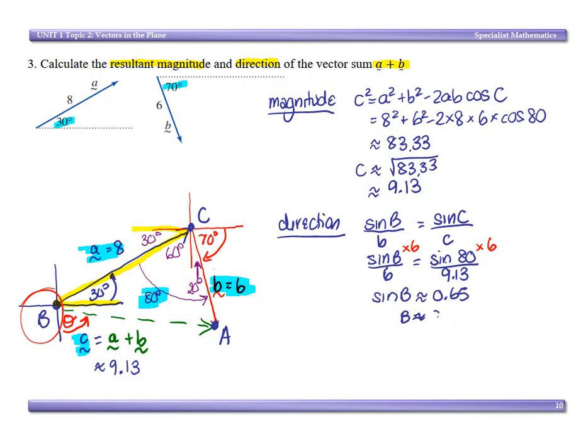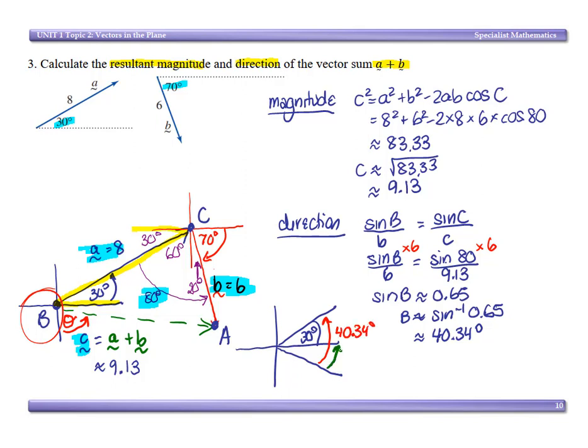So B is approximately inverse sine of 0.65. So that's approximately 40.34 degrees. So let's draw a diagram of what we have. This is 30 degrees. All of this is 40.34 degrees.